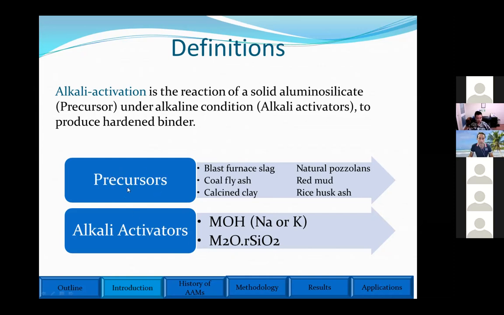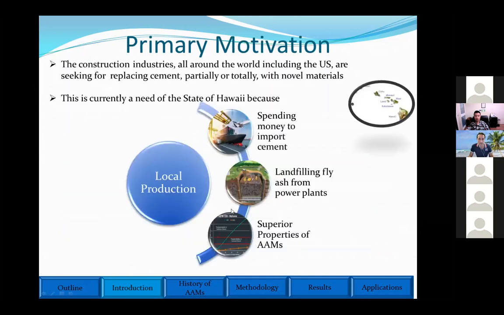We need powders that have silica, alumina, and calcium, and chemicals that dissolve the powders and release them, so we can have the reformation of strong molecules. It hardens, and we can get compressive strength out of it.